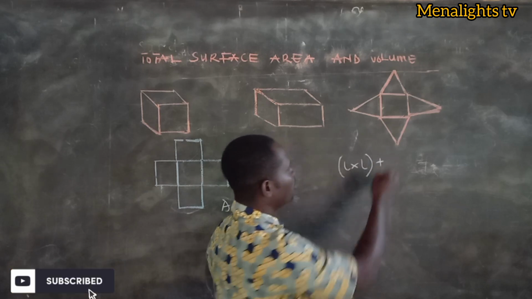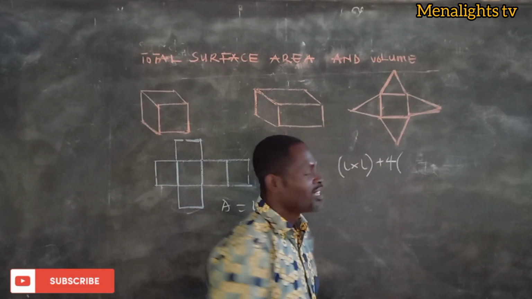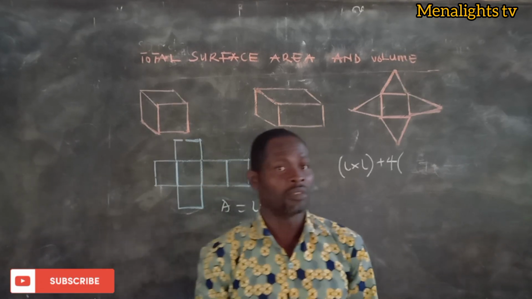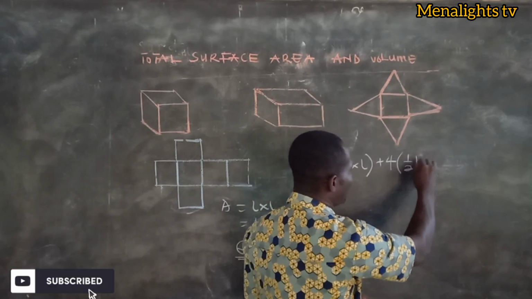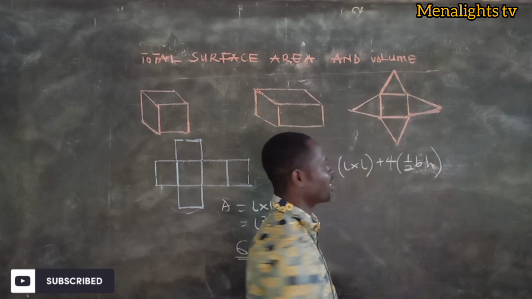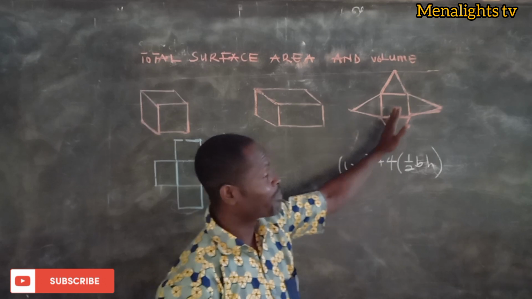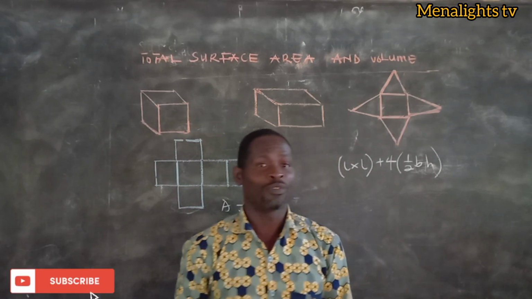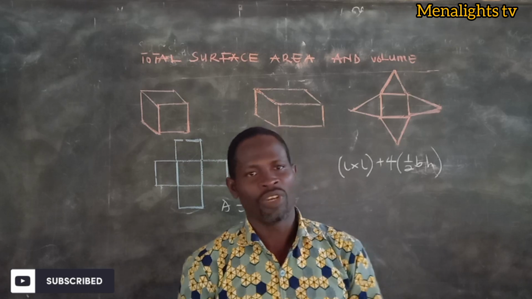Then plus the triangles, they are 4, so we have 4 into brackets. How do we find the area of a triangle? We use the formula half the base times the height. So once you're able to identify the figures that are involved and how to find their area, then finding total surface area will be easy.